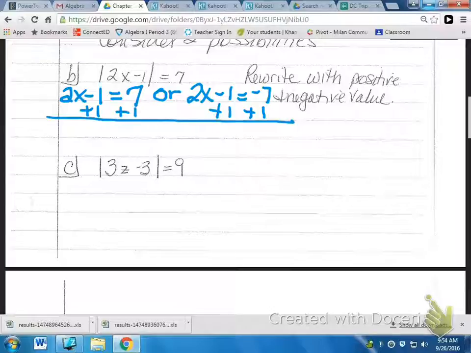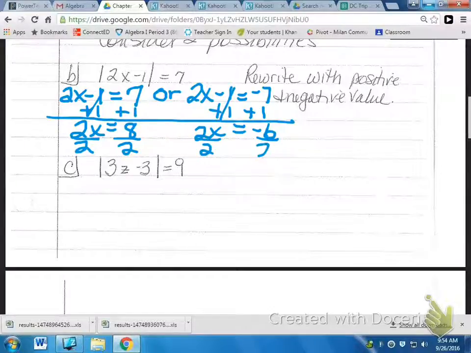So on the left here I would have 2x, that cancels, it equals 8, or 2x, that cancels, and it would be -6. Divide all the way across there by 2, and this one, x would equal 4, and this one, x would equal -3.